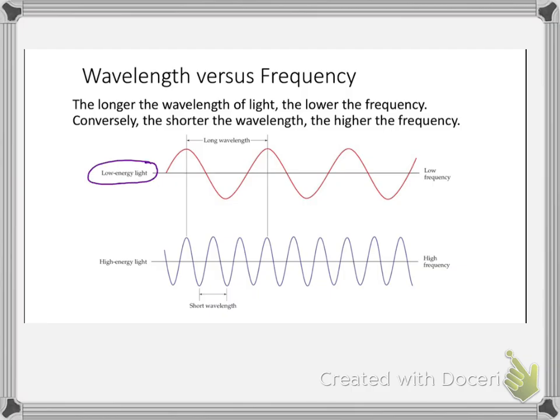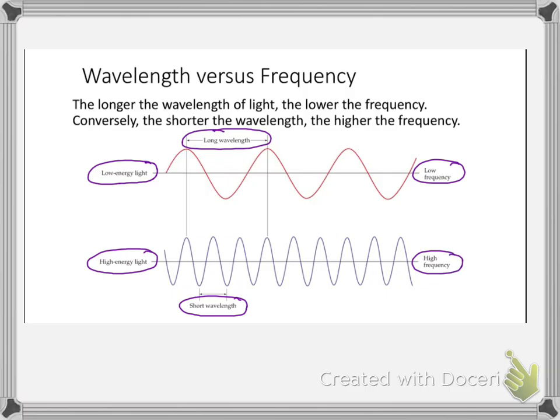So when you have low energy light, it has a long wavelength and a low frequency. High energy light has a short wavelength and a high frequency.